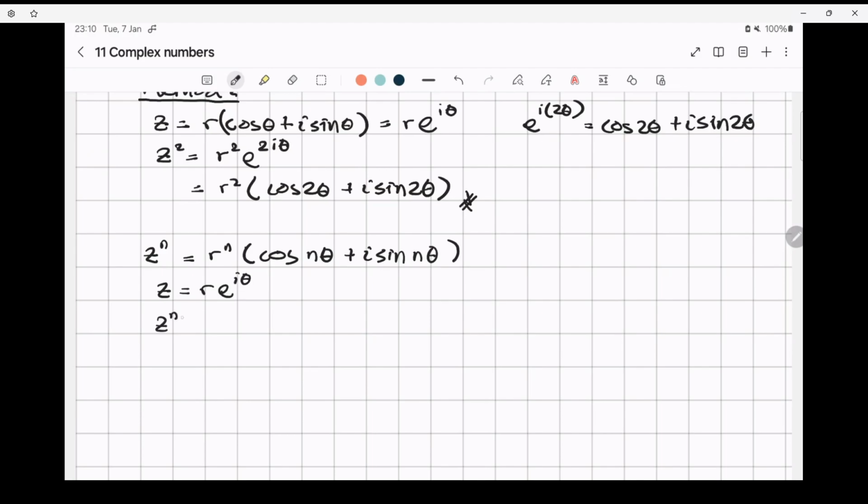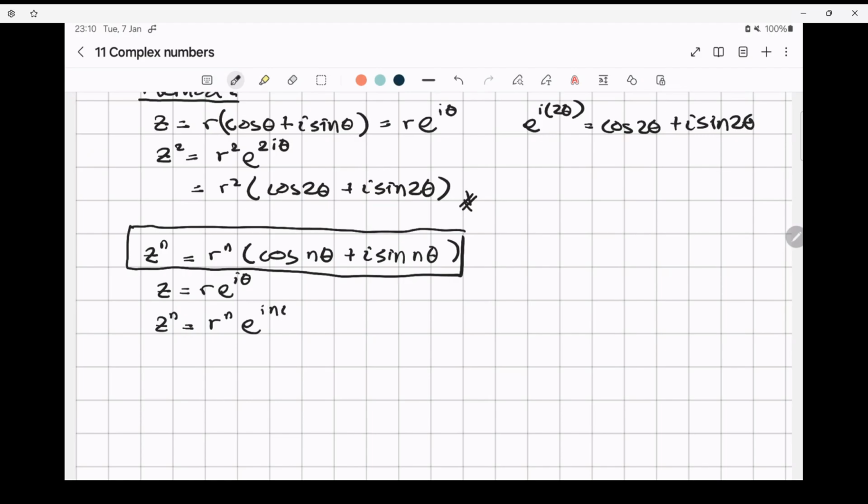When you raise z to the power n, you have r to the n times e to the i n theta. So expand this, e to the i n theta equals cos n theta plus i sine n theta.